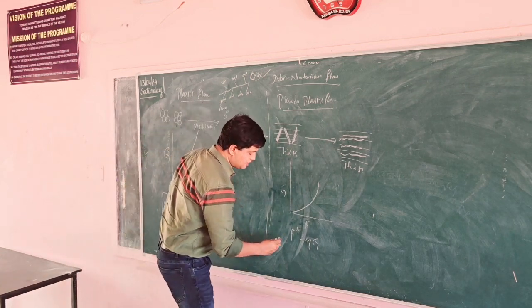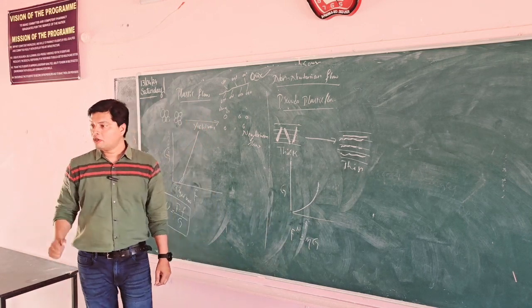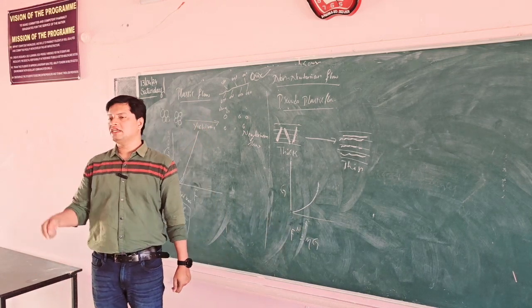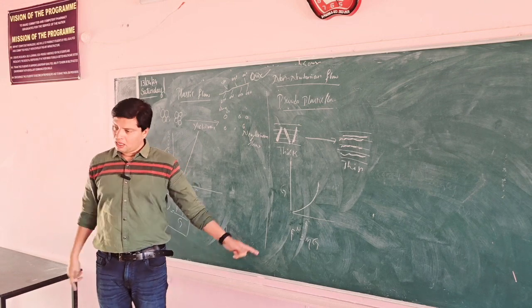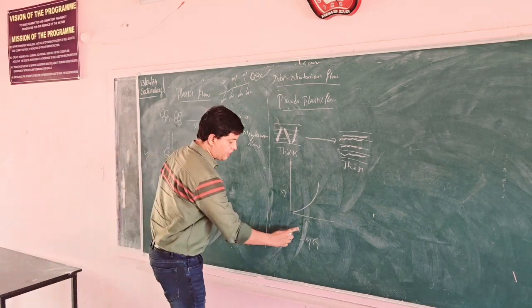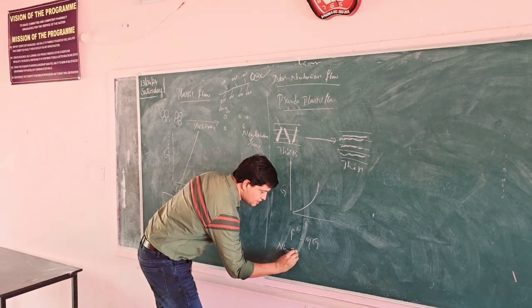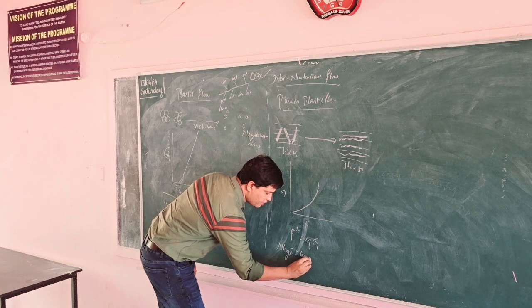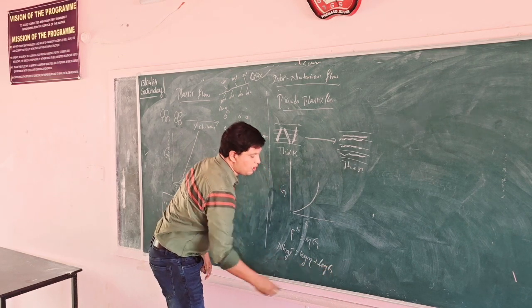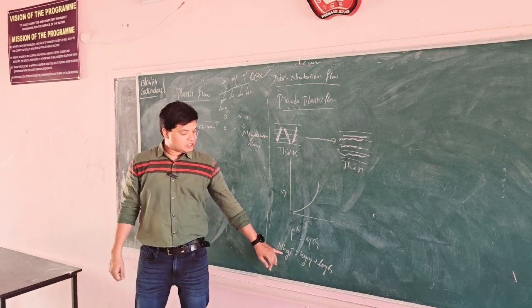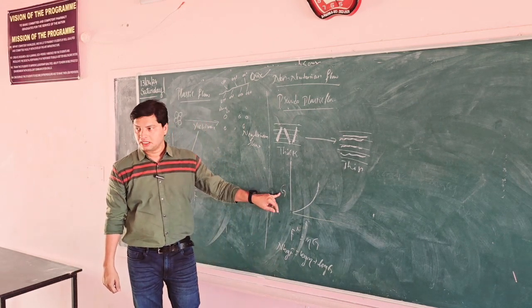Next, I want to measure the value of n. I want to know the value. Sir, you just said it is 1 or greater than 1. How will I come to know whether it is 1 or greater than 1? Apply log. Log x to the power of m, m log x is equal to log nu plus log g. I want to convert this into y is equal to mx plus c. What is the y axis?